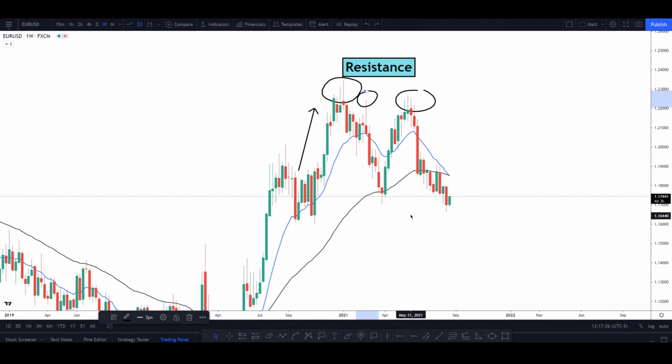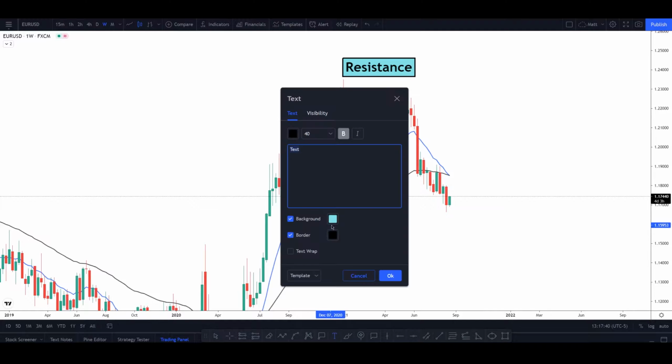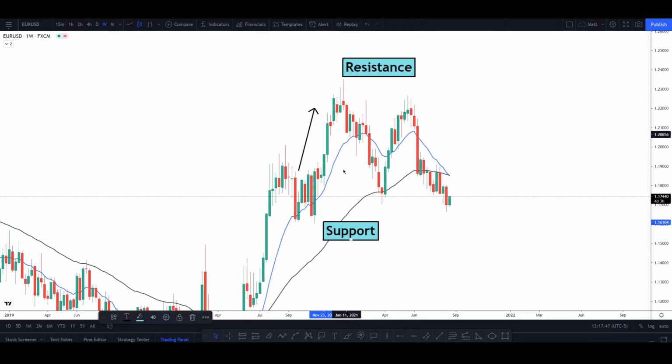So now if we go to support, I'm sure you've guessed it by now, but support is basically the opposite of resistance, where resistance is being rejected from the top, and typically this is where the bulls are attempting to make progress in the market. Support is where the bears are attempting to push price further down, and they're having trouble making more progress within a general price region.